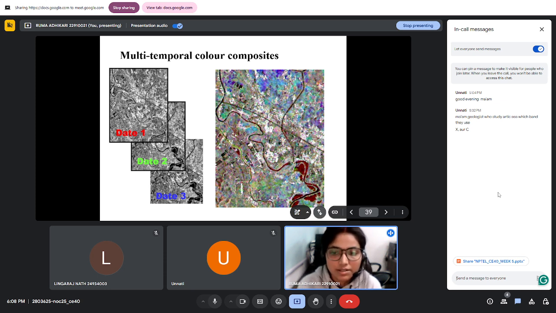Suppose considering glacier, glacier has a very smooth surface, very much smooth, and also the material is of high dielectric constant. So to capture that polarization, the wavelength is secondary. We need more polarizations, more bands, more channels to get all the information from the target.